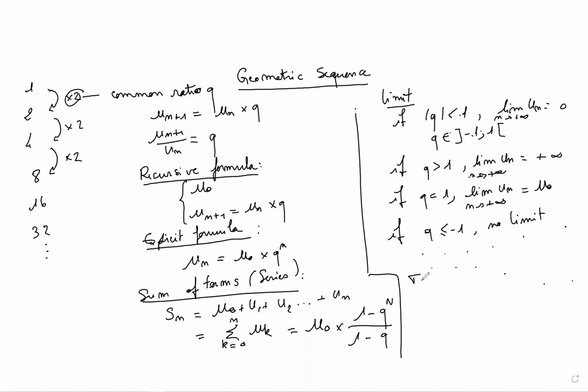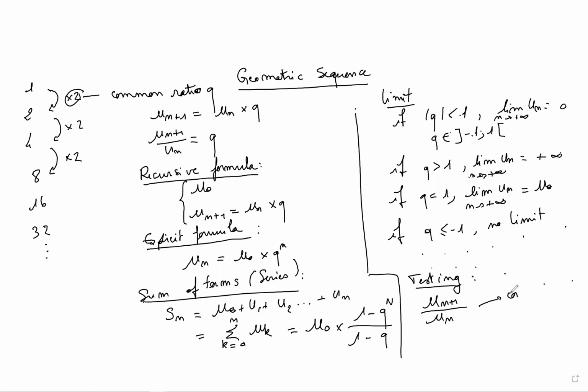If you want to test if a sequence is or isn't geometric, you have to compute the ratio of the next term over the previous one.